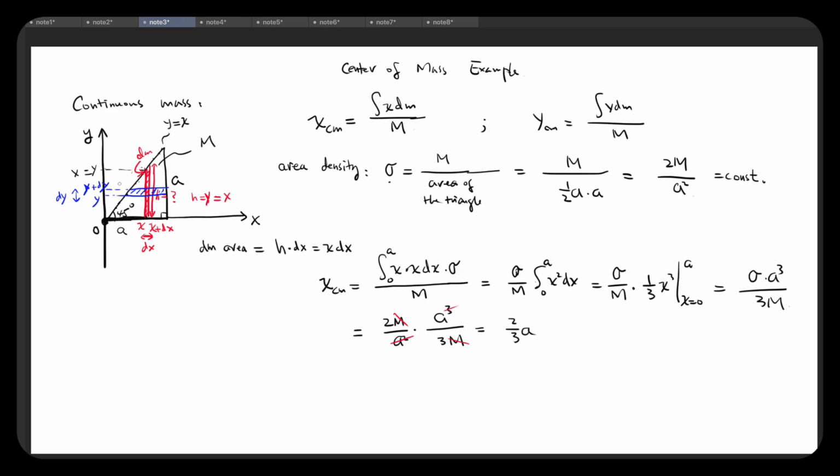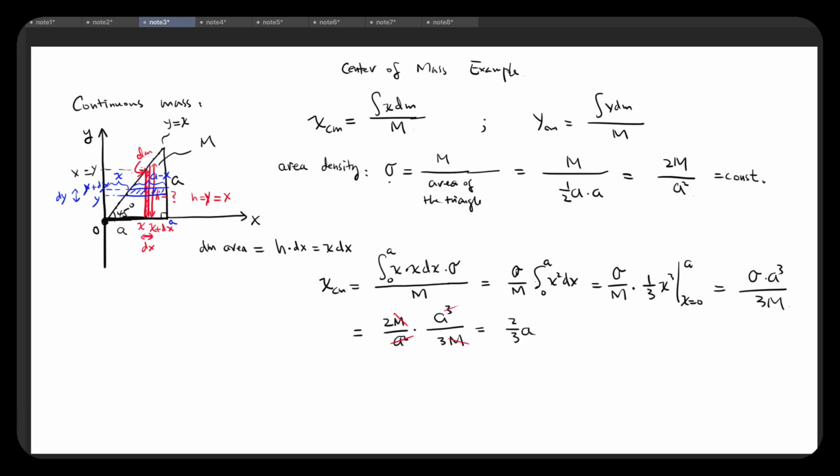So y equals x would represent this length, right? What we need is the remaining length, and the remaining length here is a minus x, since we know the right side of the triangle goes up to a. That's why we have x and a minus x.